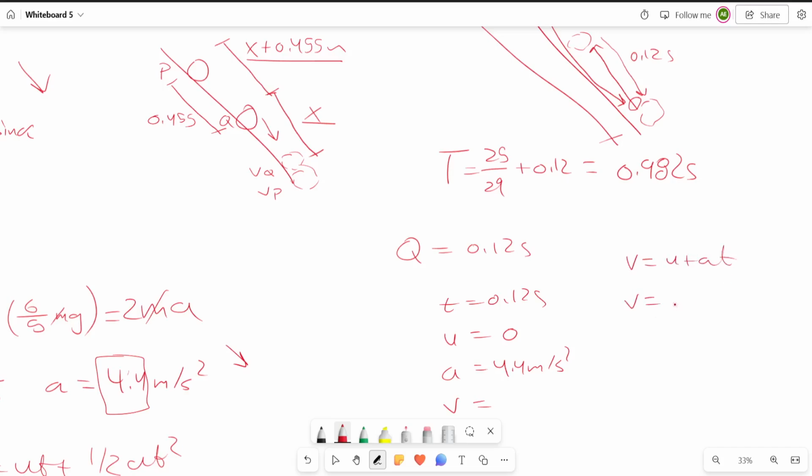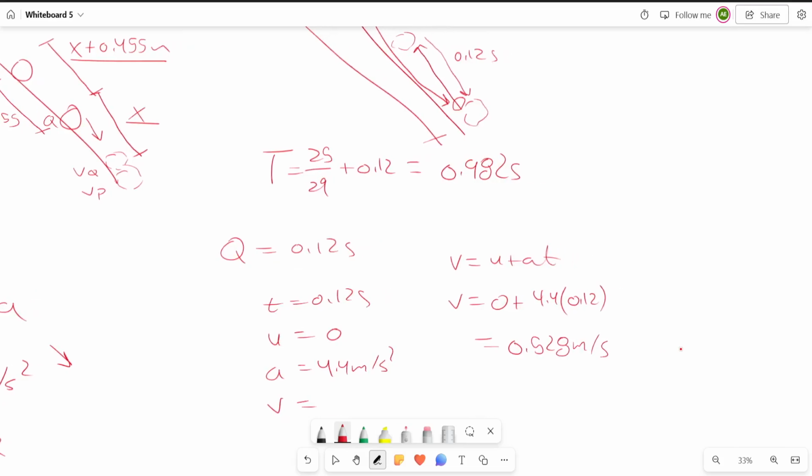So my V is going to equal U plus 4.4 times T, which is 0.12. This equals 4.4 times 0.12, which is 0.528 meters per second. This is the speed of Q just before the impact.